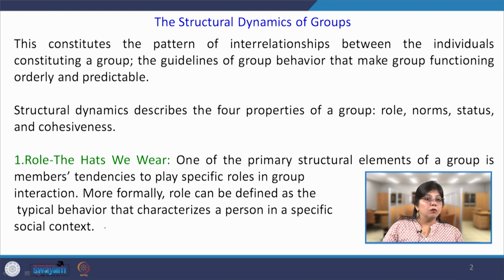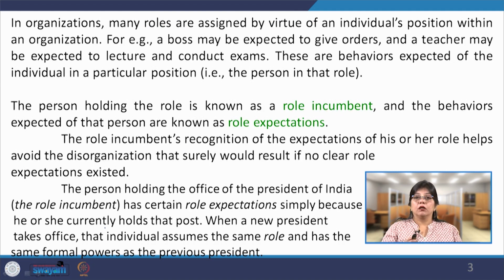Now, these roles are performed at a personal level and at the same time at a professional level. These are the specific, typical behavioral patterns that every individual performs in a group in day to day life, which entails not only expertise, but day to day interactions with the other members of the group. For example, some roles can be assigned by virtue of an individual's position within an organization.